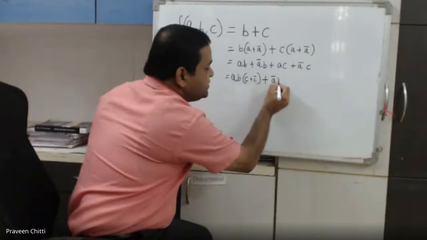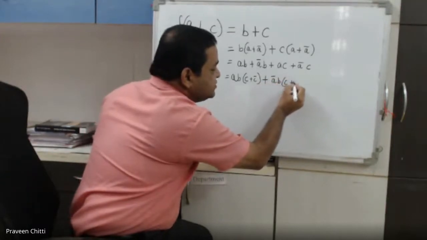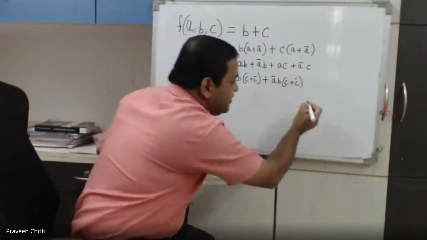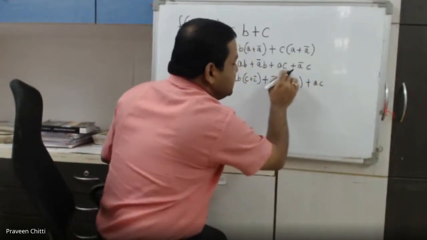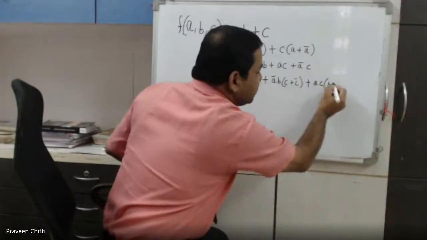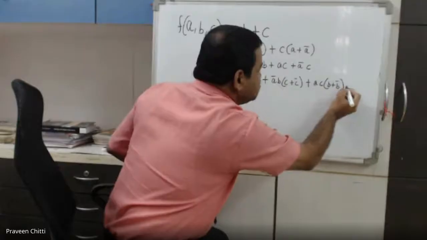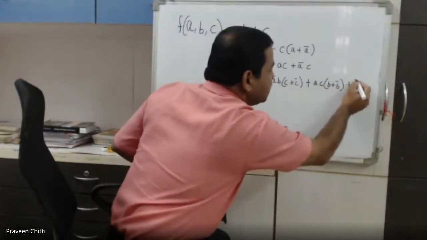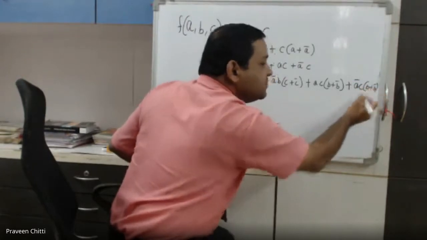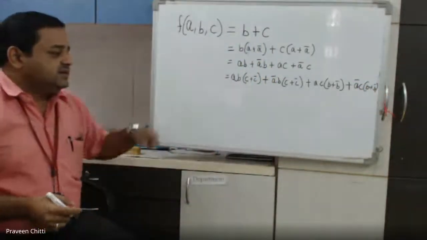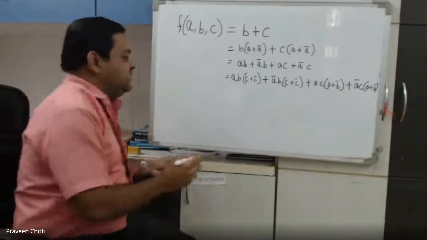Similarly, in the second term, C is missing, so I write C plus C bar. In the third term, AC, B is missing, so B plus B bar. Lastly, A bar C into B plus B bar. Now multiply this and check what we finally got.